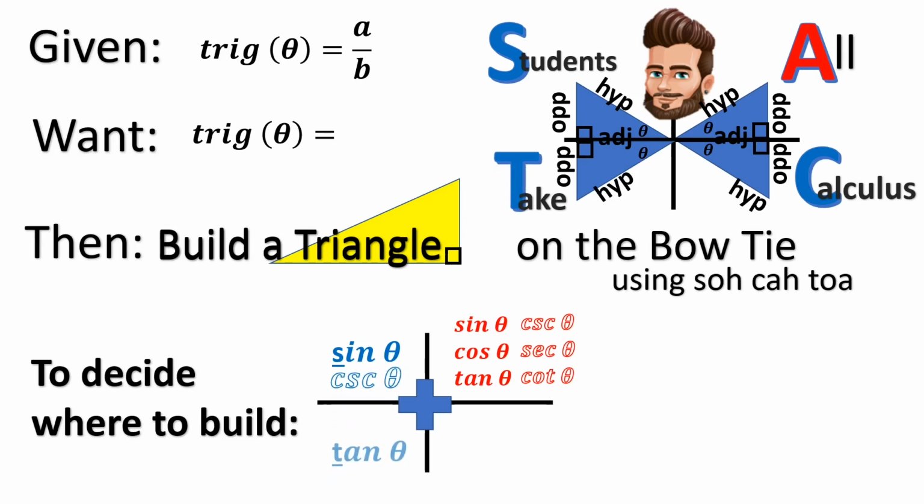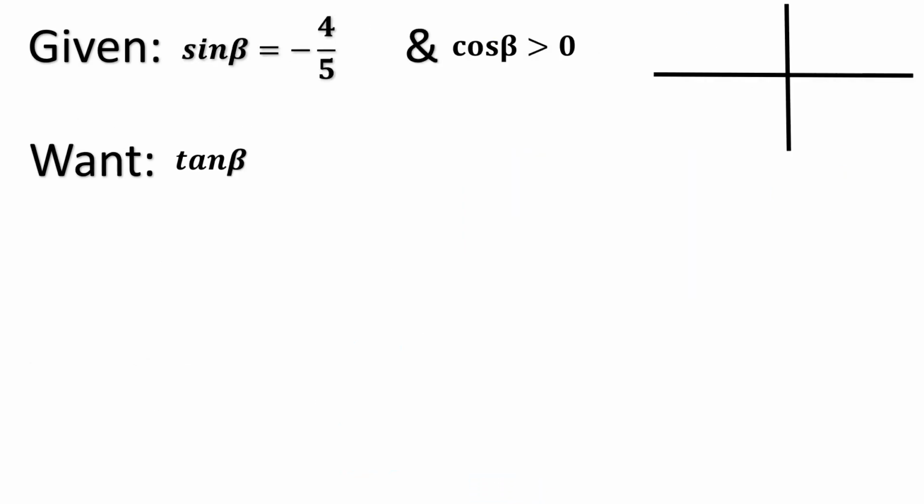T stands for tangent. The tangent of an angle from quadrant 3 is positive, and so is the reciprocal function, cotangent. C is for cosine. The cosine of an angle in quadrant 4 is positive, and so is its reciprocal function, secant.